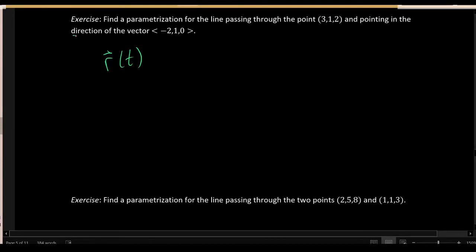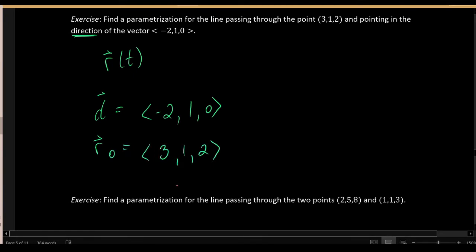Now the direction of the line is given by the vector -2, 1, 0, which implies that the direction vector is -2, 1, 0. We also know that the line must pass through the given point 3, 1, 2. So the vector which points to that location, angle brackets 3, 1, 2, is the quote-unquote initial point that we need for our formula.